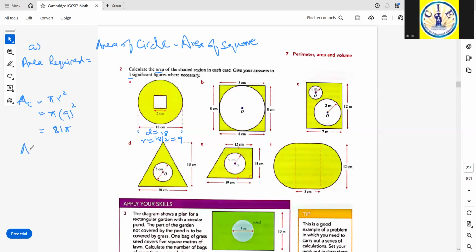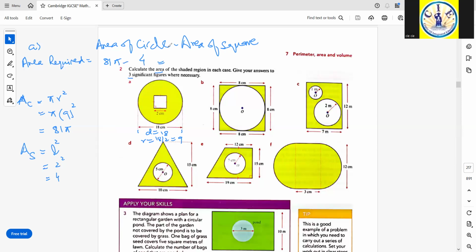Now the area of the square is equal to length squared. In this case, we see that the length of the square is 2. So it will be 2 squared, that is 4. So substituting these values, the area of the circle, 81 pi minus 4.